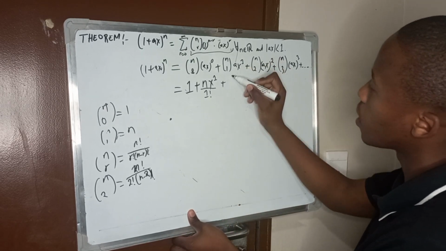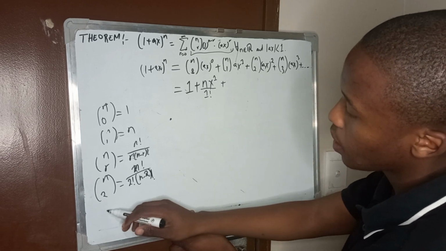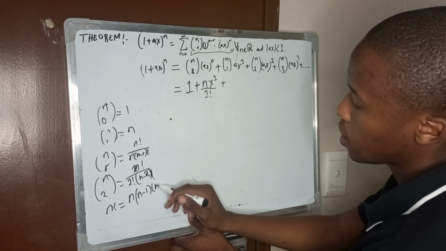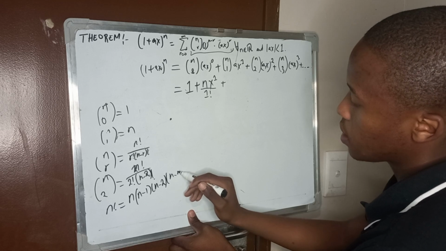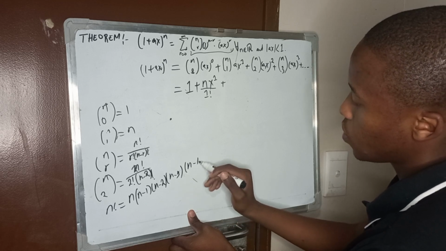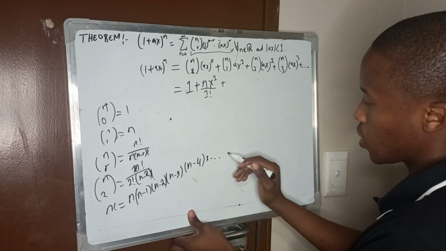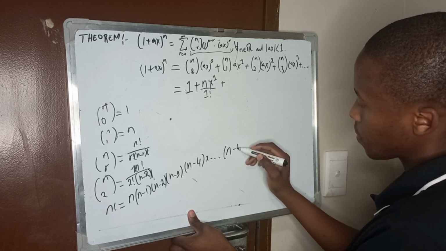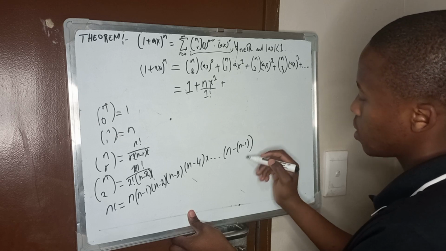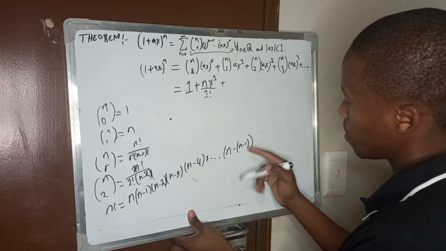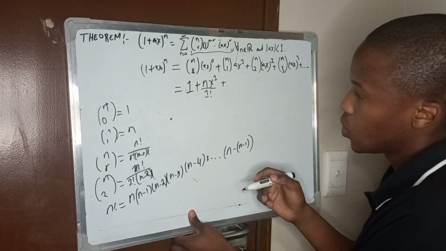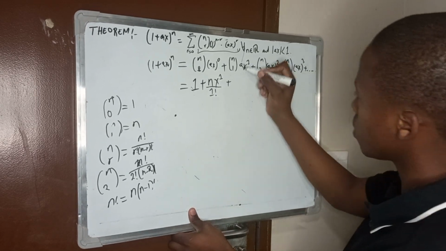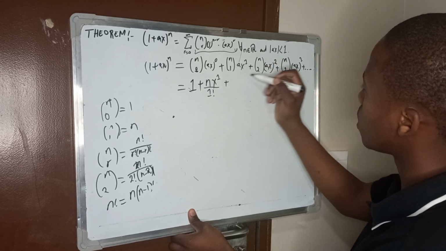So here I will have n factorial, and n factorial is the same as n times n minus 1, n minus 2, n minus 3, n minus 4, times dot dot dot, up until we reach 1. So n factorial, we're done with this one.